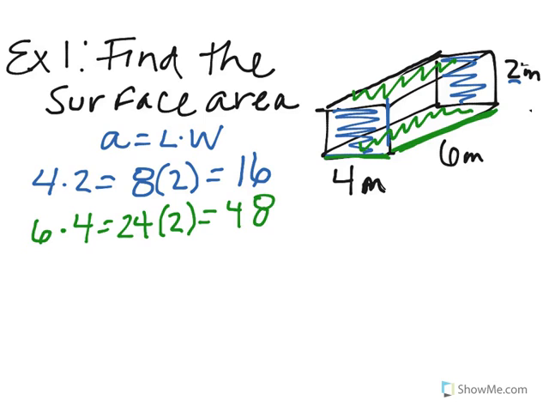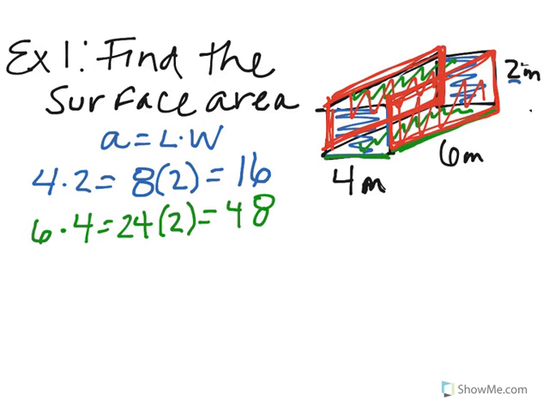Now lastly, I need to find the dimensions of my 2 sides. I have this side right here, and then I have the other side directly across from it. I have these two sides, here and here.